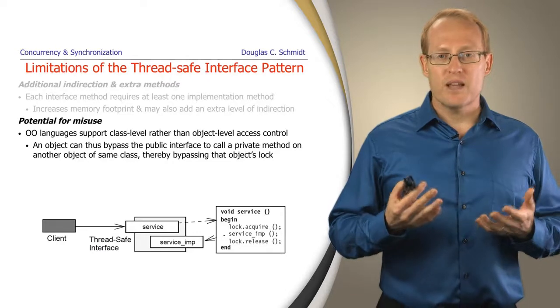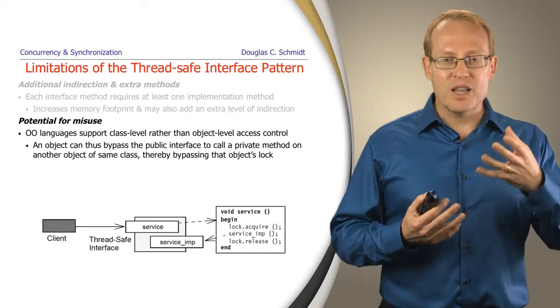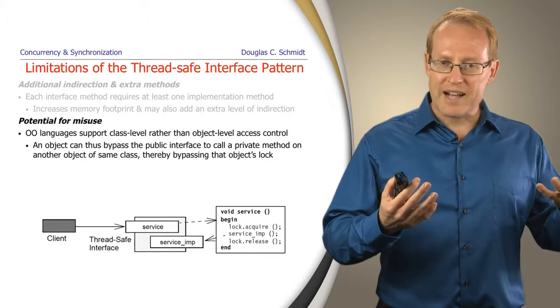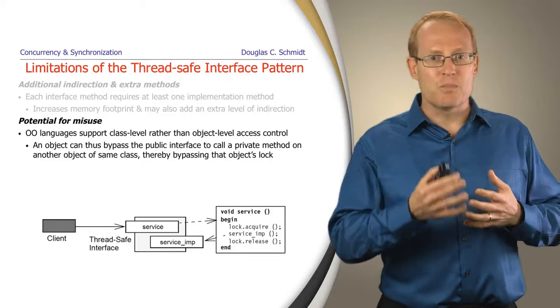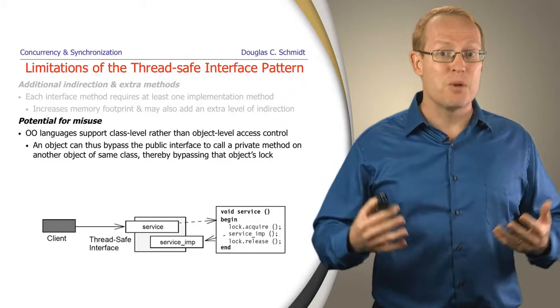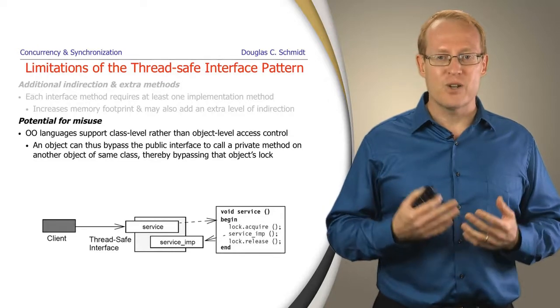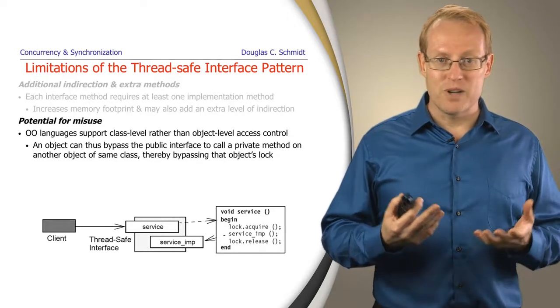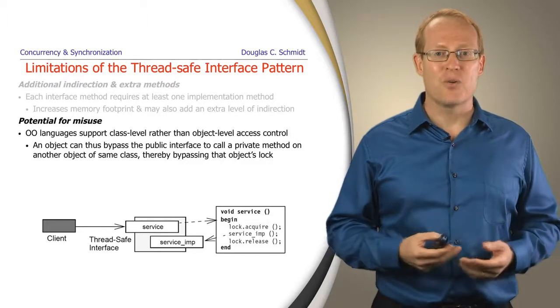In some object-oriented languages like C++ and Java, they have class-level access control as opposed to object-level access control. So it's potentially possible to peek around and access things you're not supposed to in those environments. So you have to be careful how you use this pattern. You have to check and ensure that people are not violating the rules in any malicious or accidental way.